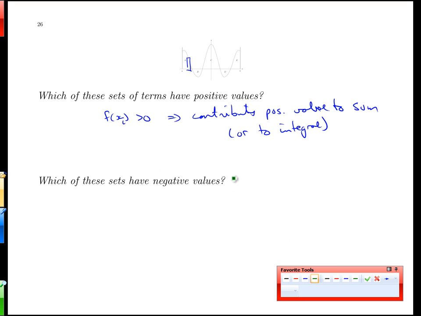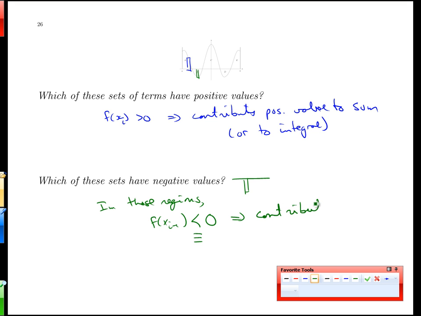However, if we looked at any of the regions where the rectangles would be below the axis, what does that mean? In those regions, f of x sub i minus 1, those values that we're looking at, are less than 0. And what would they do? They would contribute negative values to the sum or to the integral.